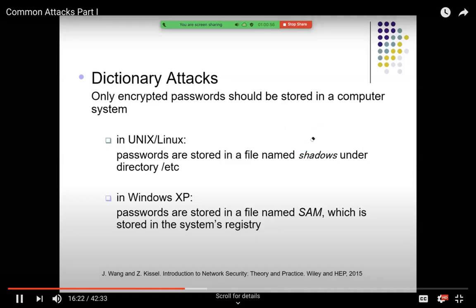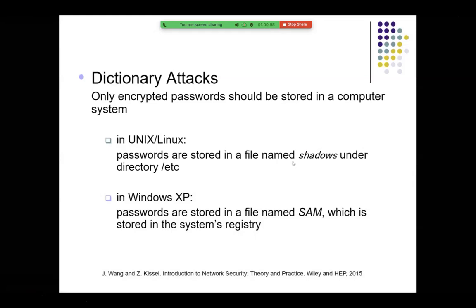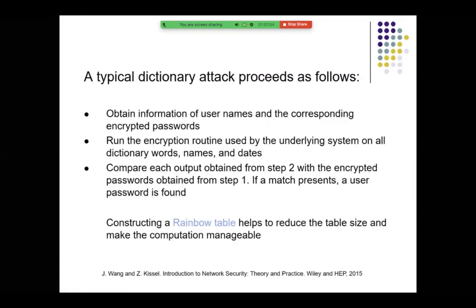Erase this, and now we move to the next slide. Okay. So a typical dictionary attack proceeds as follows. First, the attacker needs to obtain information of usernames and the corresponding encrypted passwords, and then run the encryption routine H, used by the underlying system, on all possible passwords.